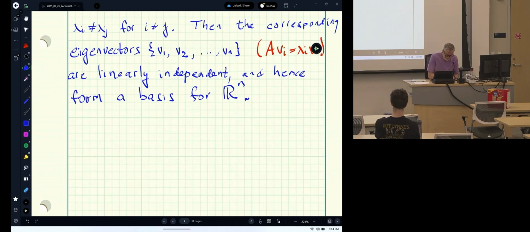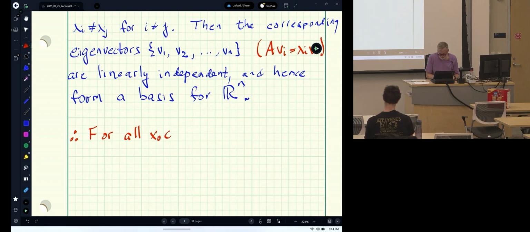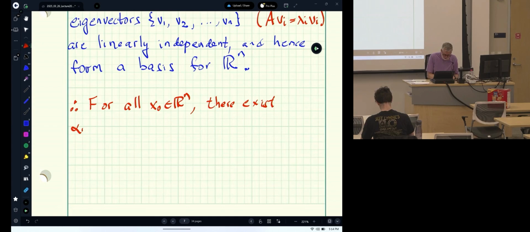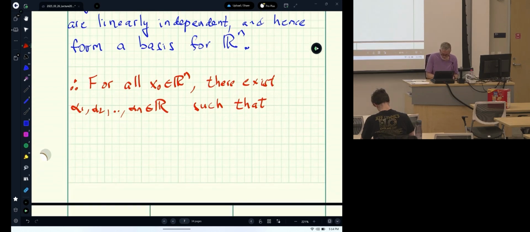So, conclusion. For all x0 in R^n, there exist coefficients alpha 1, alpha 2, alpha n, and they're reals, such that x0 equals alpha 1 v1 plus alpha 2 v2 plus alpha n vn.